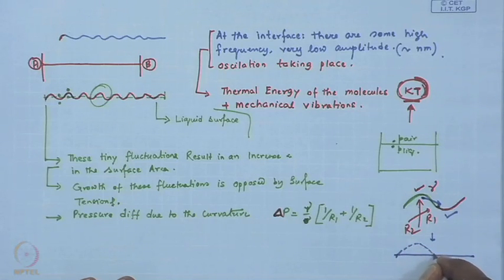So, this initial fluctuation resulted in a flow of liquid from the high pressure zones to low pressure zones, and these zones are created because of a difference in the Laplace pressure.